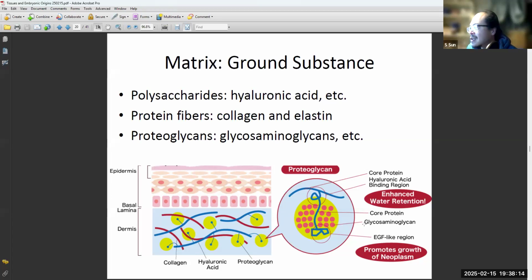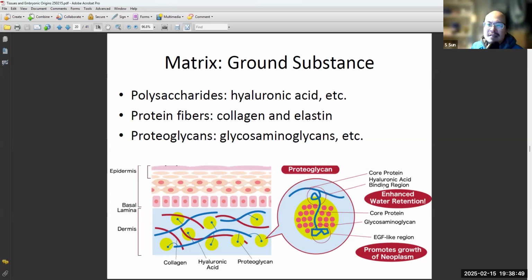In the proteoglycan we have this glycosaminoglycan attached to it. So here is enhanced water retention. This space can absorb water, keeping the fluid inside so it's not dry.